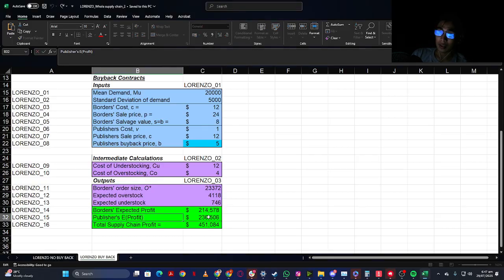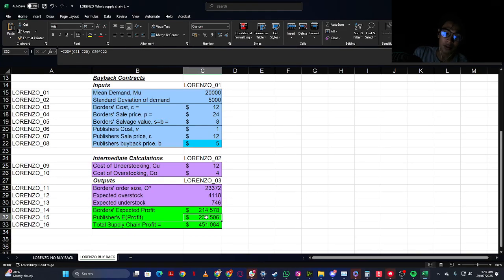If we take a look at the formula here, you're going to see the buyback refund times the unsold quantity. It is equal to 23,372 times 11 minus 5 times 4,118, which will be equal to 236,506.